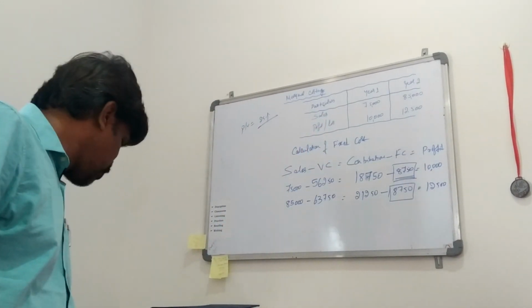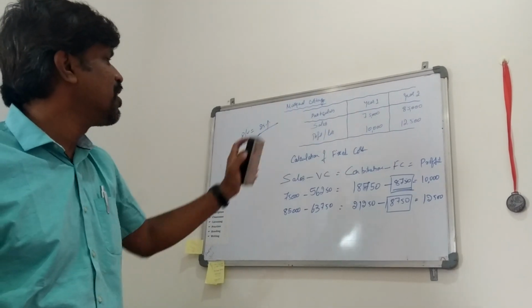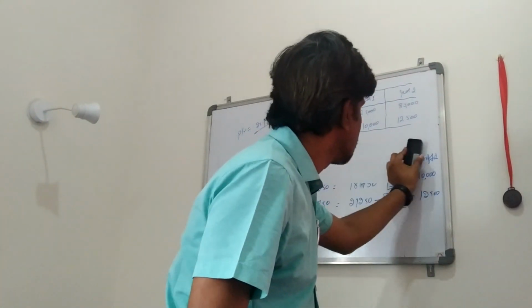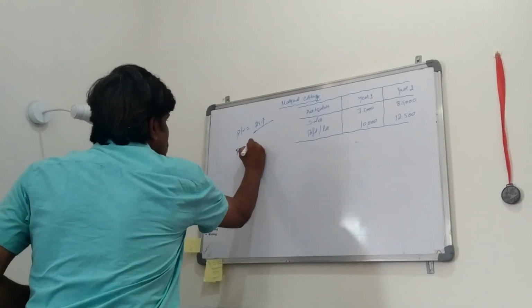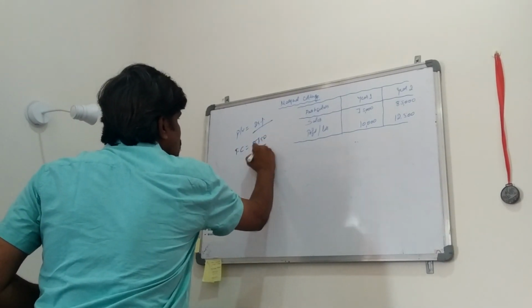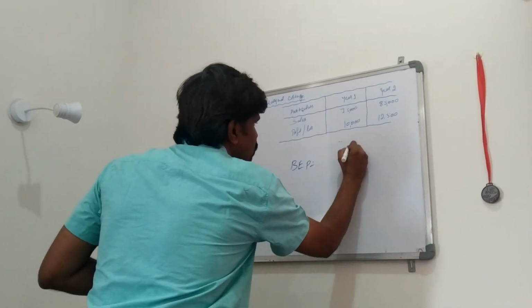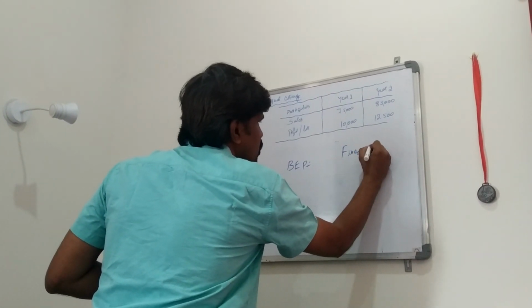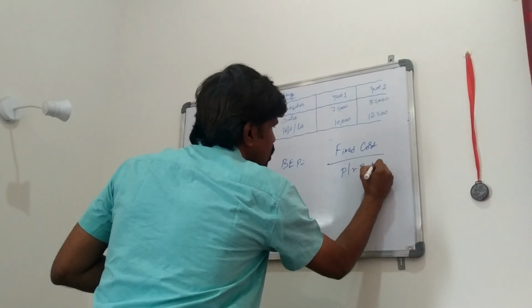And now I am going to calculate the break-even point by using fixed cost and PV ratio. So break-even point is equal to fixed cost divided by PV ratio.